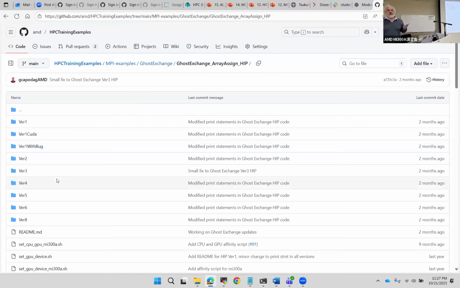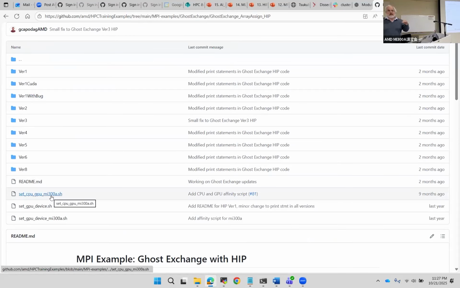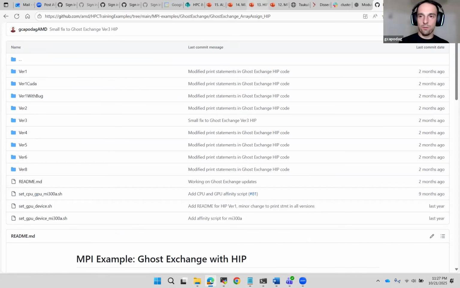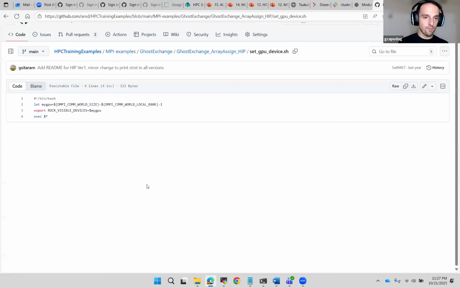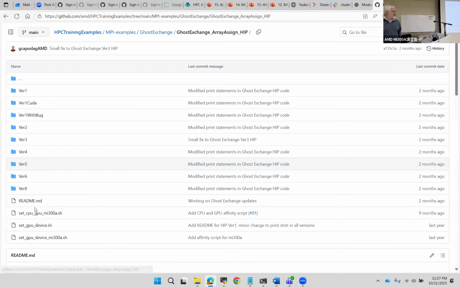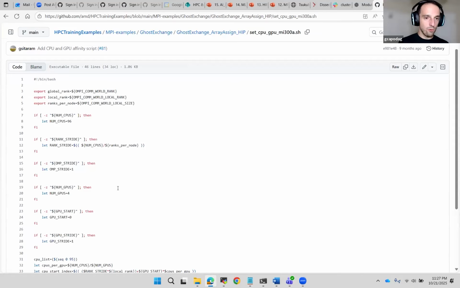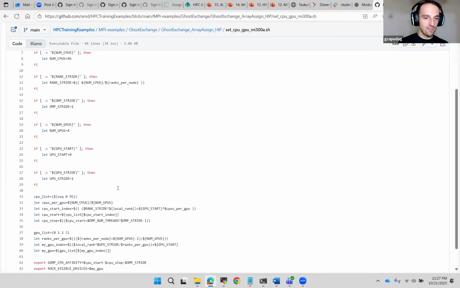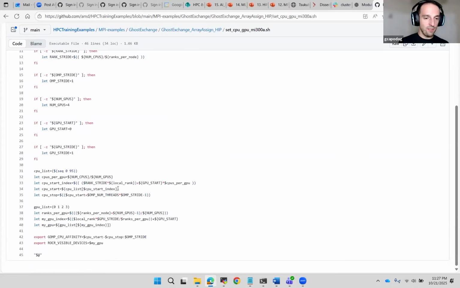And we have other scripts which will pin the CPU close to the GPU. Which one were we looking at? GPU device. So it's really simple. And there's more complicated ones if you want to dive a little deeper.